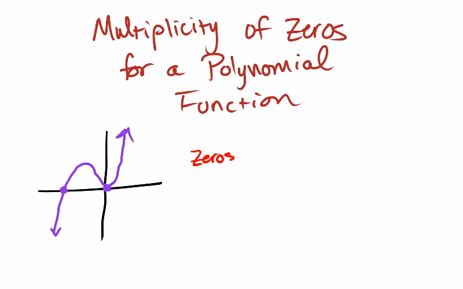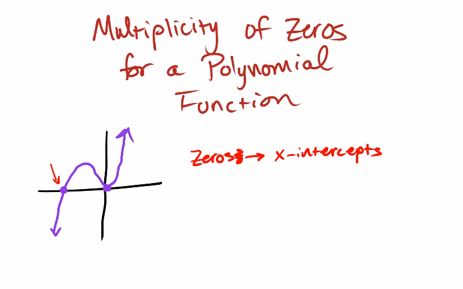So zeros are synonymous with x-intercepts. Where you see an x-intercept, we call those zeros or roots, the numbers that would cause the y value to be 0. And so in this graph, you can see two x-intercepts.